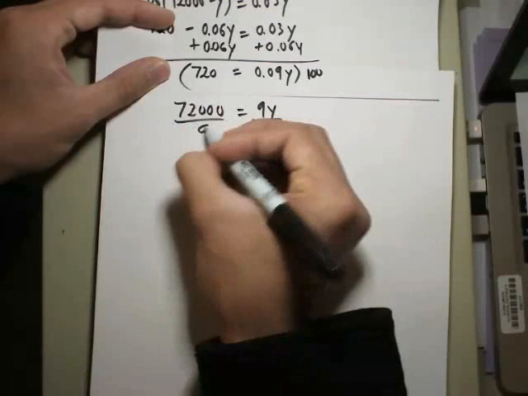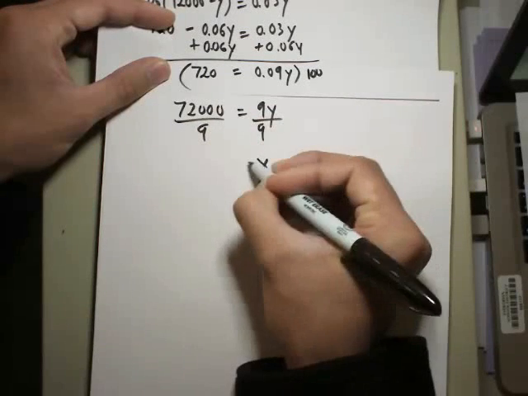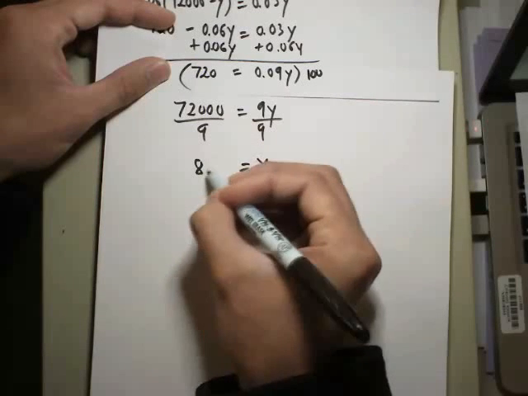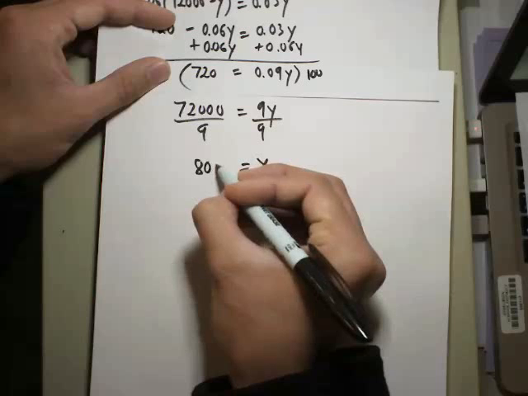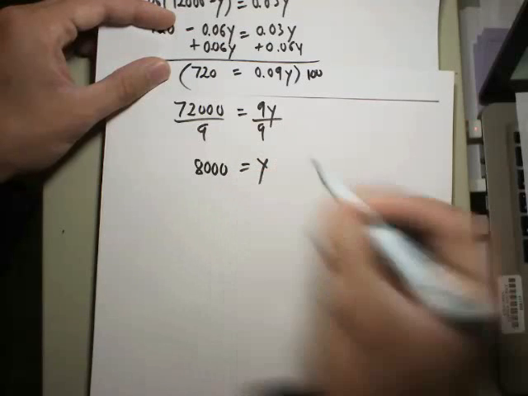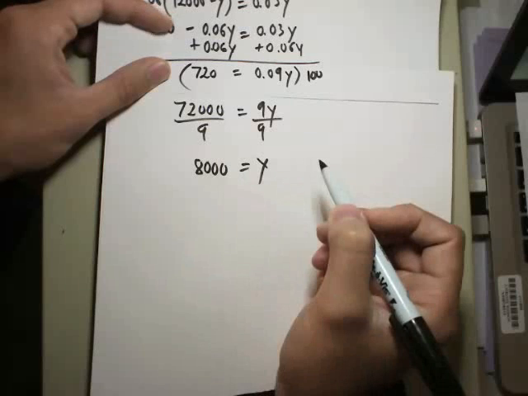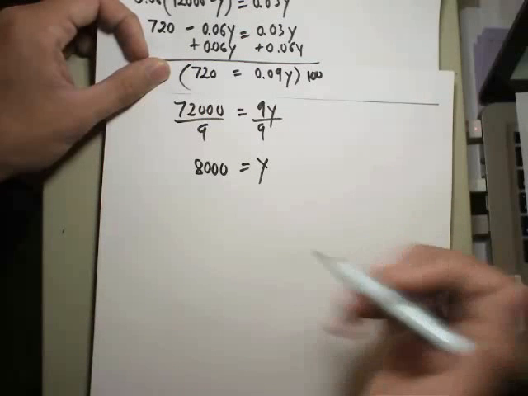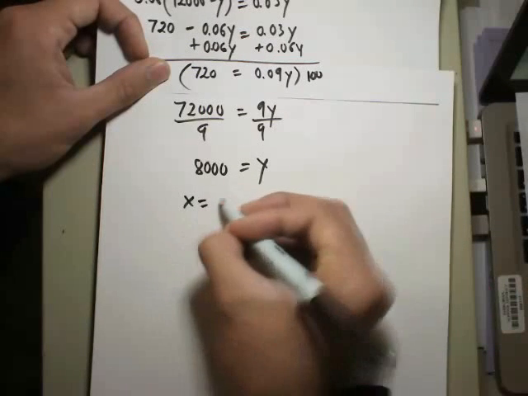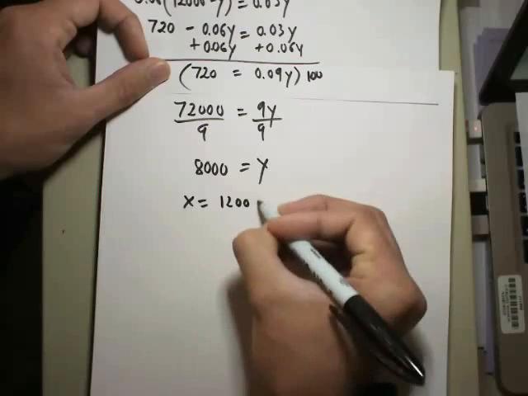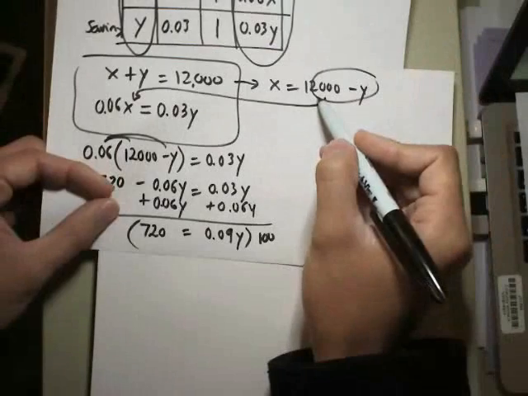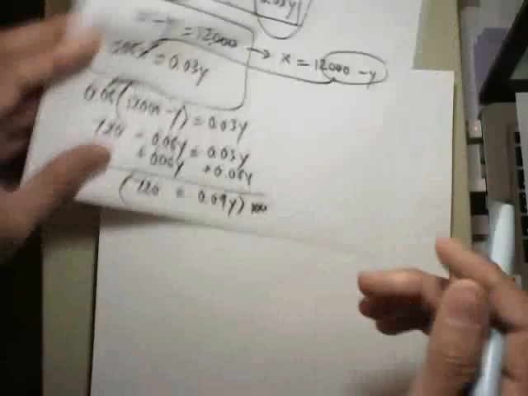Divided by 9, so Y would be, if you divide it, $8,000. Okay, so that means the amount invested in the saving account is $8,000, and we can easily find the other account by taking 12,000 minus Y based on the previous equation.